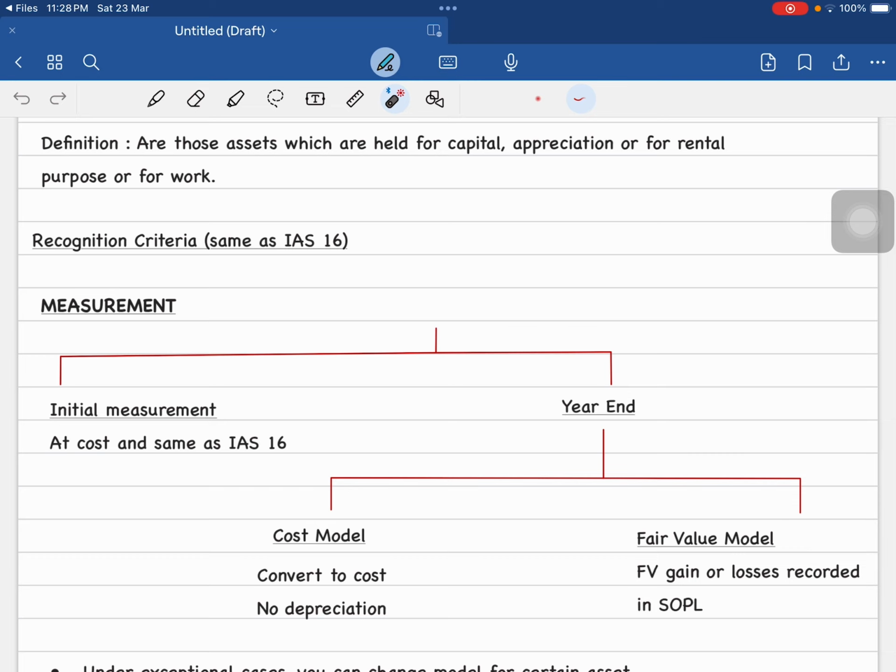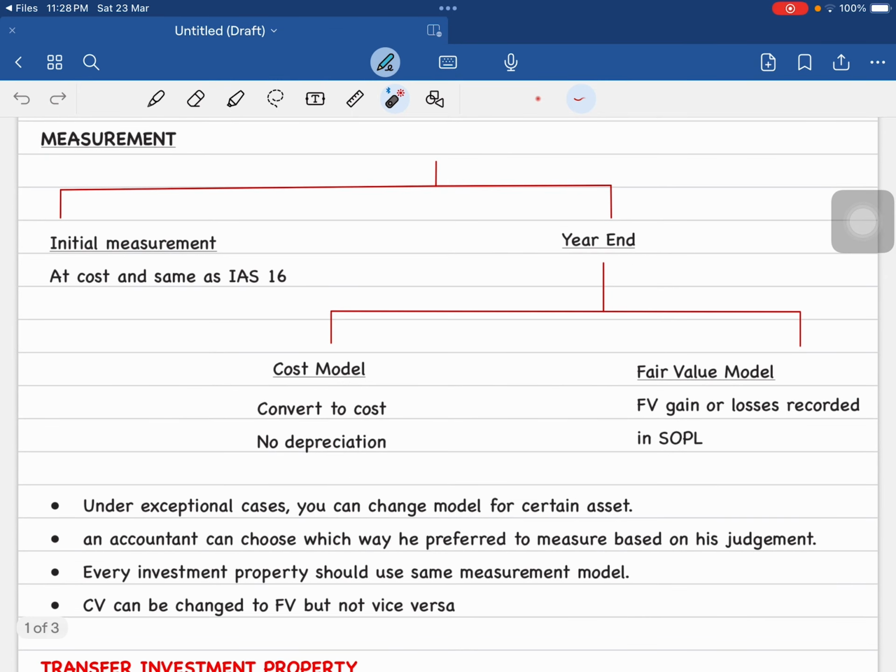Now, the measurement is also the same as IAS 16. You have two types of measurement: the initial measurement and the year-end measurement. Initially, you're going to record the asset at cost, same as IAS 16. At year end, you have two methods, the cost model and the fair value model. In IAS 16 you have the revaluation model, but here you have the fair value model.